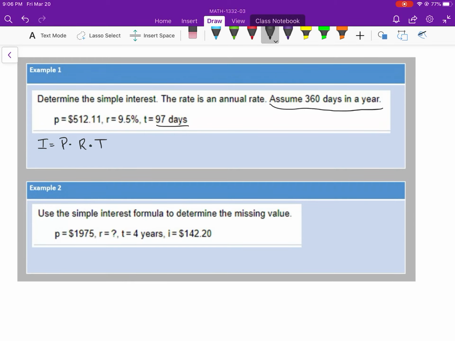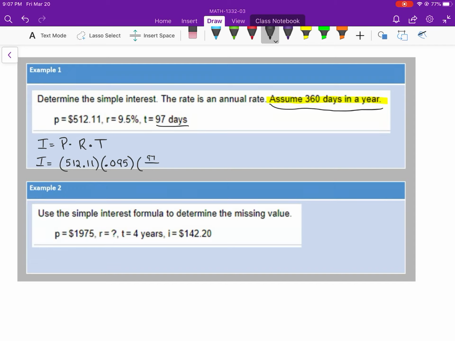Taking this formula, we're looking for interest, so interest equals principal of $512.11 times my rate. My rate needs to be in decimal form, so that's 0.095 times, and this is very important, our time usually needs to be represented in years, but this time it's in days, so it's 97 over, and they tell us in the question itself, assume 360 days in a year.